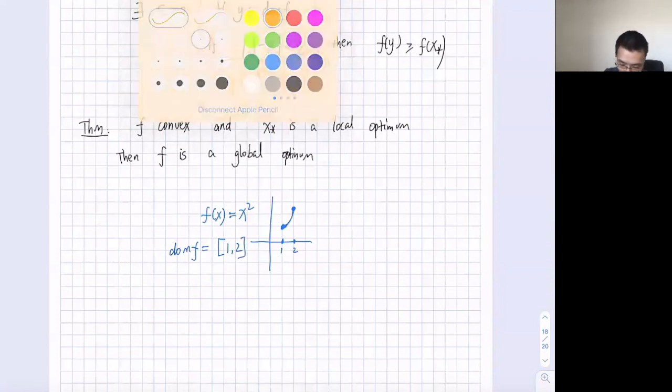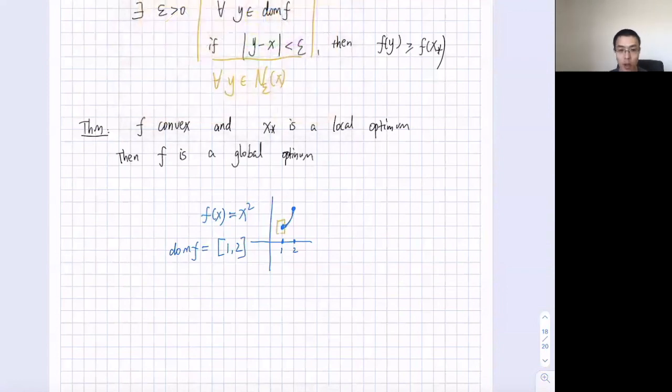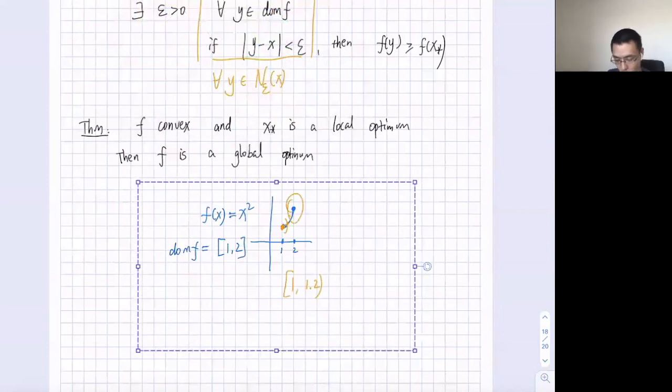I can find a neighborhood, maybe 1 to 1.2, and for any point in this neighborhood the function value is larger than that of this point. So 1 is still the global optimum. You don't have to verify these things separately. This is the very nice property of convex functions.